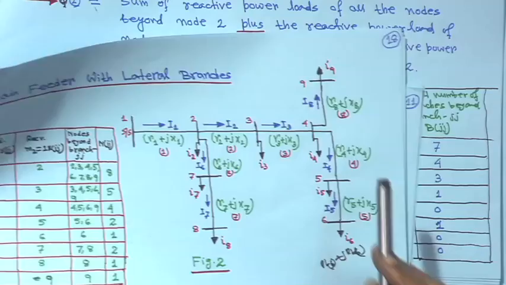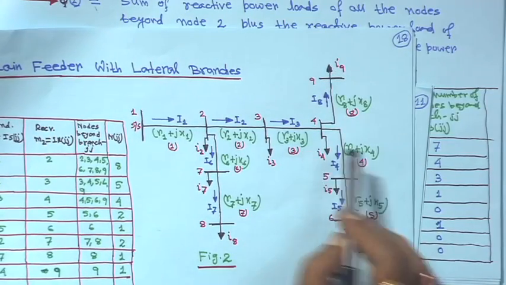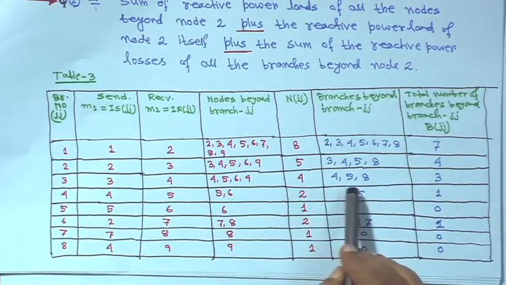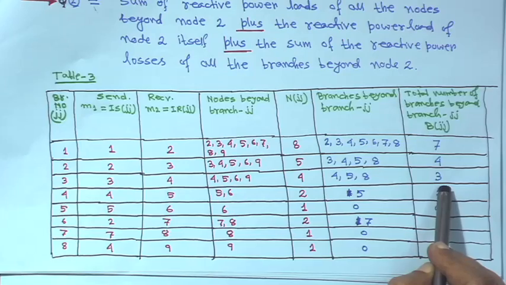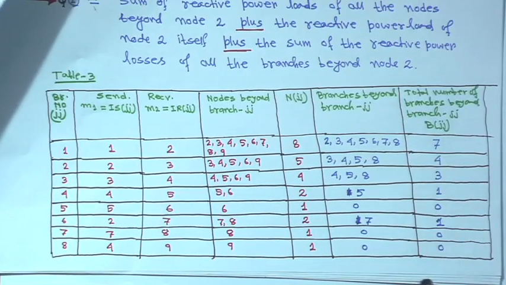Similarly, beyond branch 3, the branches are 4, 5 and 8. So beyond branch 3 the total is 3 branches, in the previous case it was 4 and the first one it was 7.